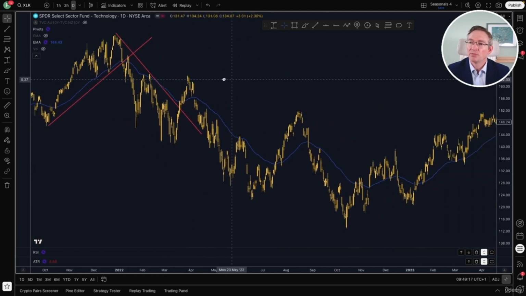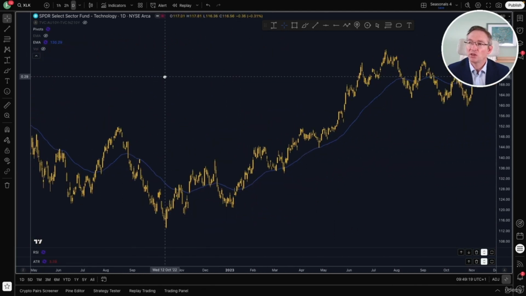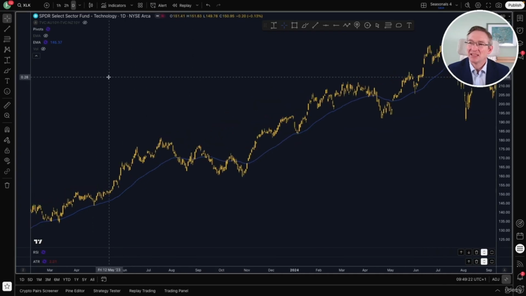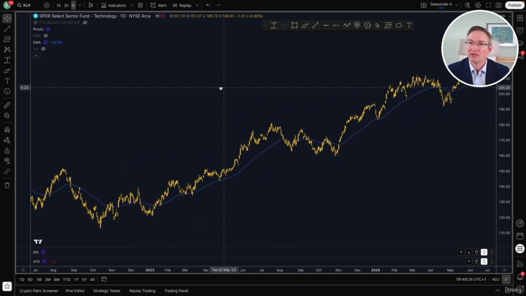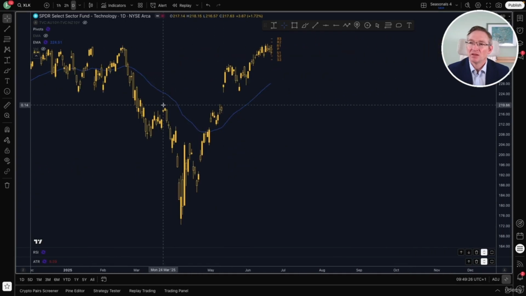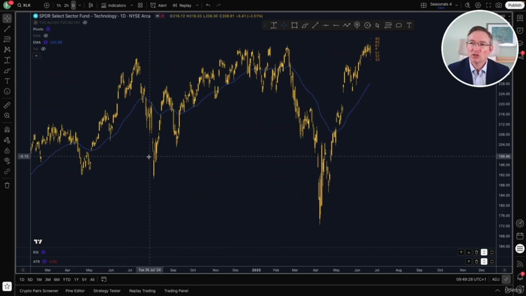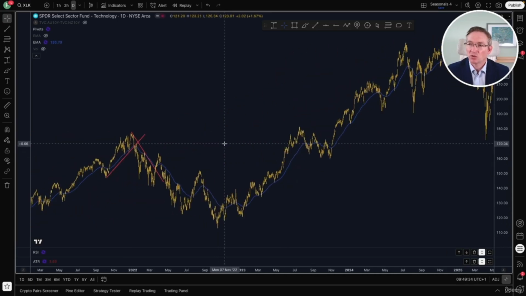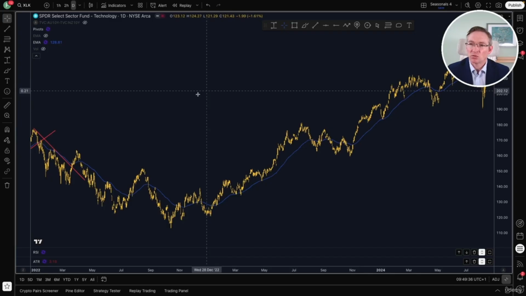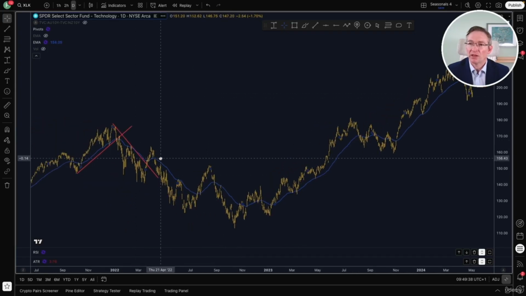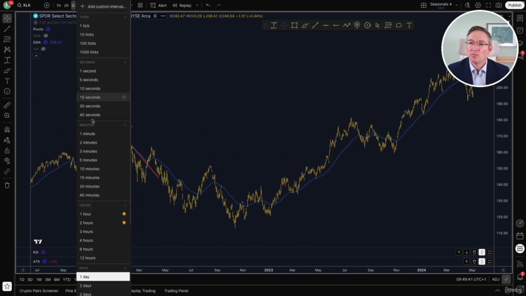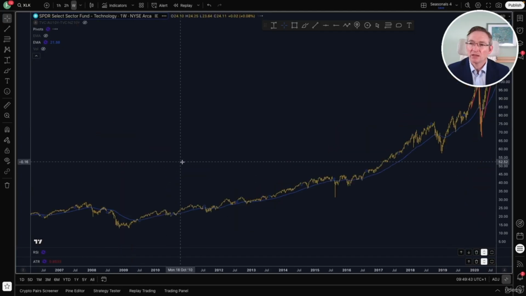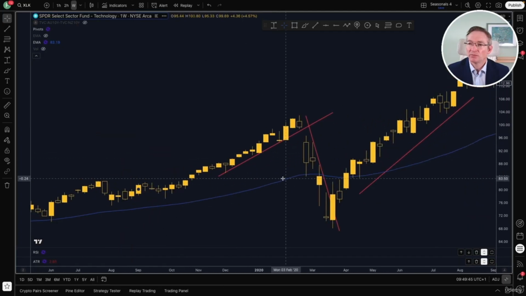But the way this works best is to find that very clear macro narrative, when it's just obvious what a stock is likely to do, and you're looking for that first opportunity to get in. That's when you want to use those big macro, and the big weekly charts are very good for this as well.